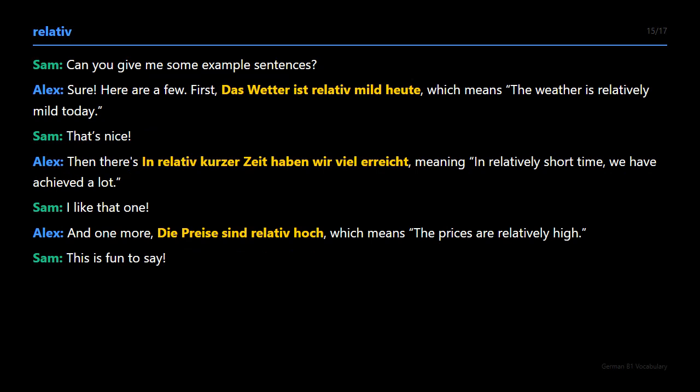Then there's, In relativ kurzer Zeit haben wir viel erreicht, meaning in relatively short time, we have achieved a lot. I like that one. And one more. Die Preise sind relativ hoch, which means the prices are relatively high. This is fun to say.